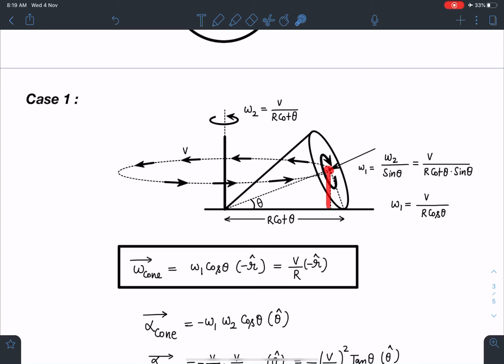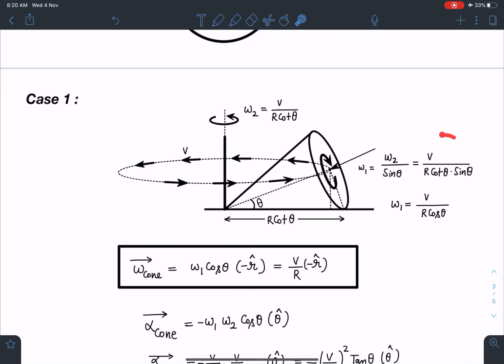So v by this distance is also going to give us omega 1, if you see clearly. So here we are going to get this omega cone as omega 1 cos theta minus r cap and v by r minus r cap.